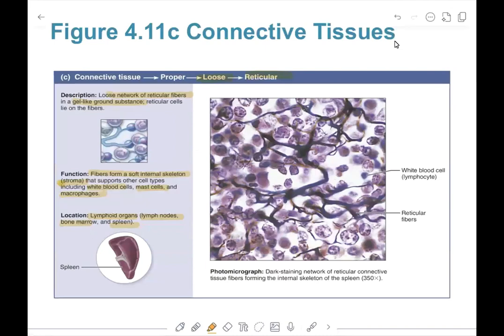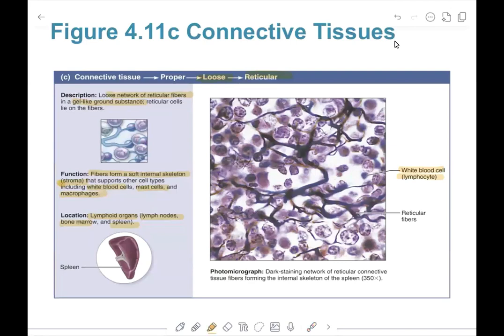So you can see there are white blood cells that are shown here. This happens to be a type of white blood cell called a lymphocyte. There's 5 different types of white blood cells. And again, you're not going to learn that until A and P2. So that's not important to know right now.